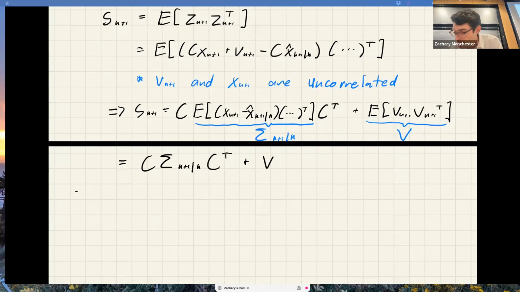The reason we defined this whole thing is that this is what we feed back into the estimator.